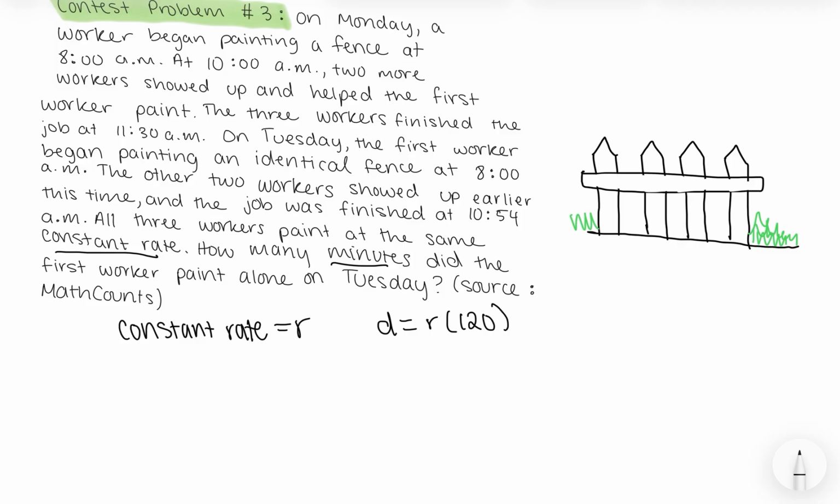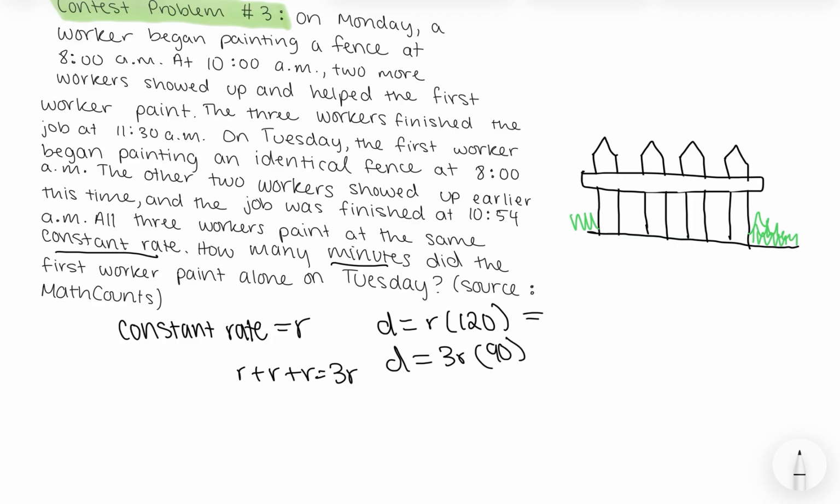And then the 2 workers came later, so the 3 workers would have a combined rate of r plus r plus r, or 3r, and the distance that they would have is 3r times 1 hour and 30 minutes, because between 10 and 11:30 there's 1 hour and 30 minutes, which is 90.